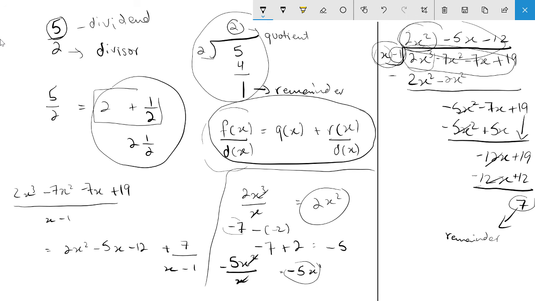Then obviously you can cross multiply to isolate for other quantities. We could multiply by the divisor to isolate f of x, or you could isolate r of x, or even q of x. Also, if the remainder is equal to 0, then this would just reduce to f of x over d of x equals q of x. That's pretty much all for long dividing polynomials. In the next video, we'll be looking at how we can divide polynomials using synthetic division.